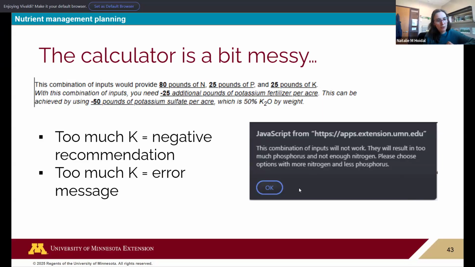Please choose some options with more nitrogen and less phosphorus. The other awkward thing is that it may give you a negative potassium recommendation if you are applying too much potassium. So we could only choose to balance two nutrients, and we chose to balance nitrogen and phosphorus, and then potassium gets added in at the end.